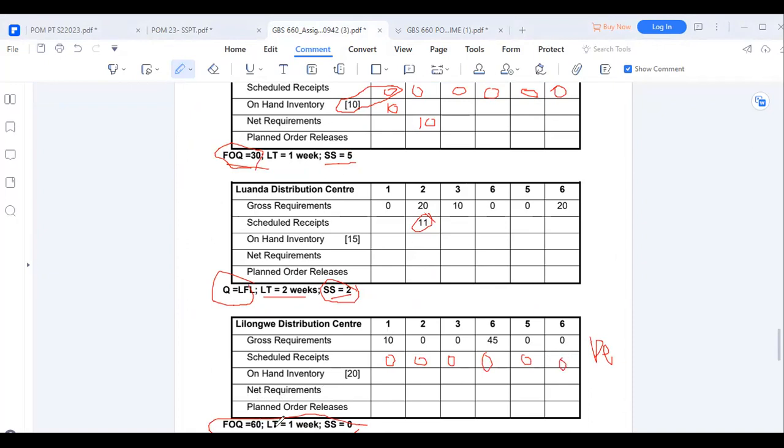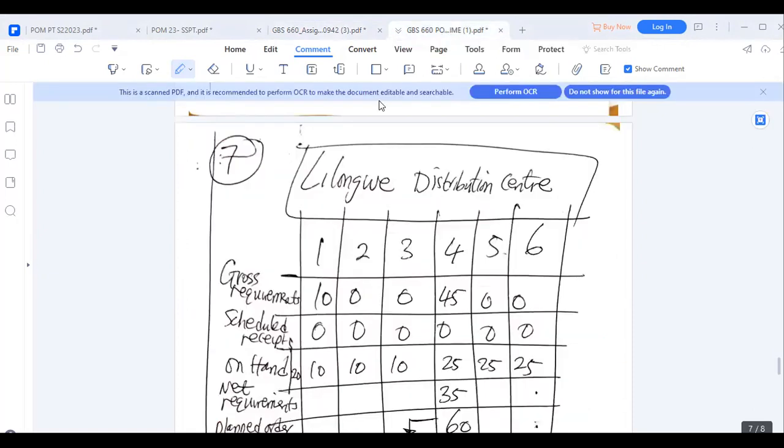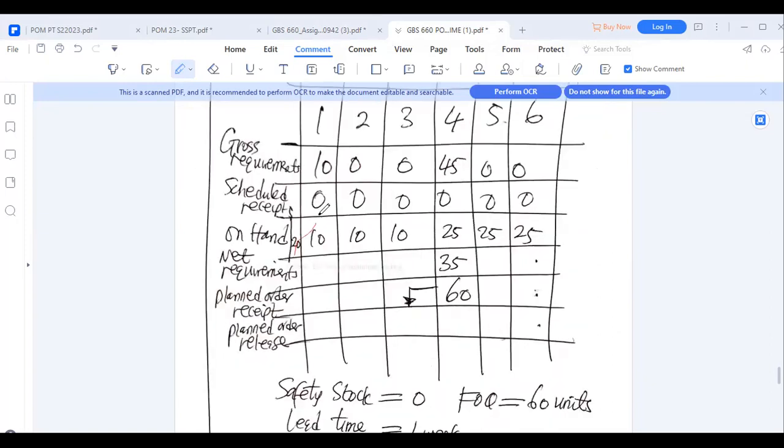So we can order 60 units regardless of whatever is required. That's what is meant by fixed order quantity. FOQ means fixed order quantity. So please take note. For Lilongwe, we are adding the 20, 20 plus 0 minus 10, which is 10.